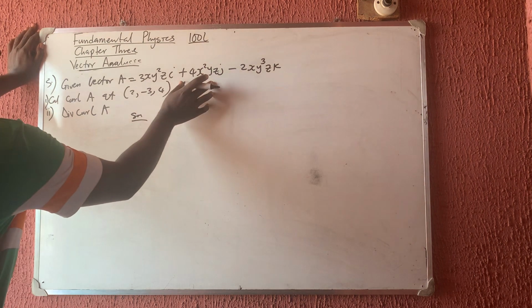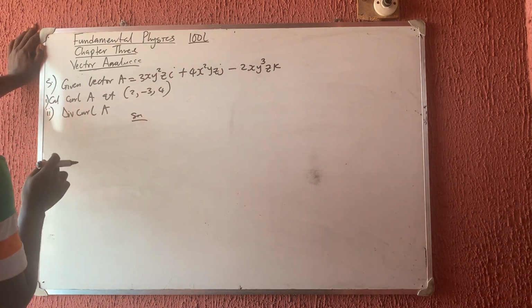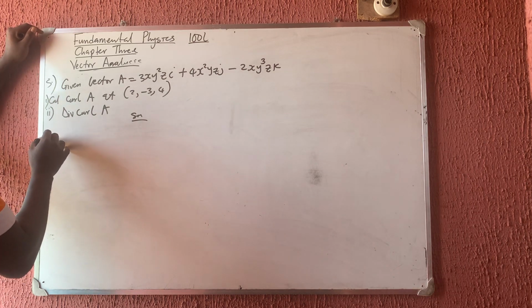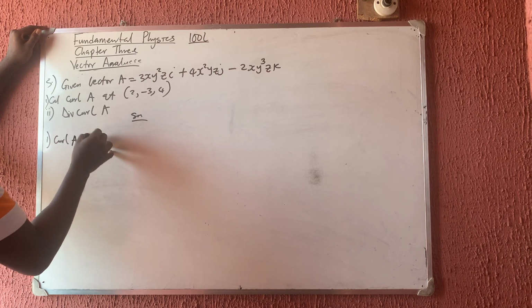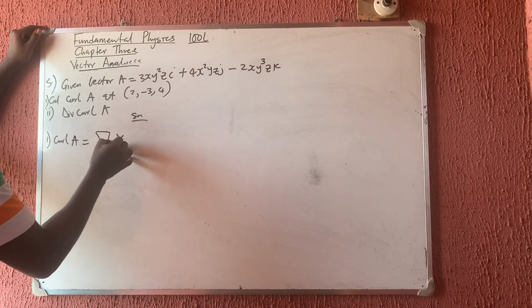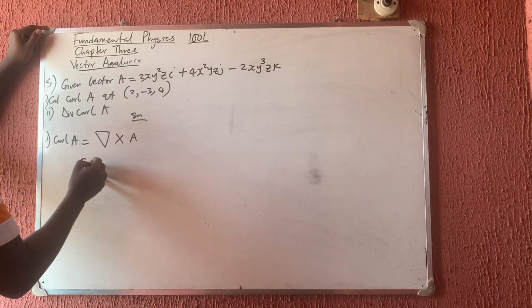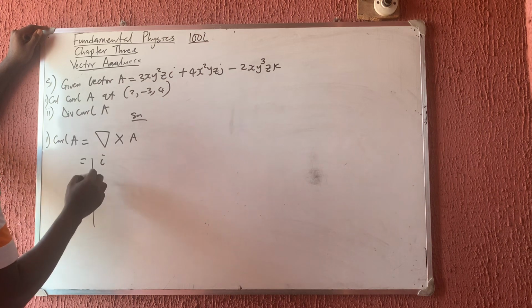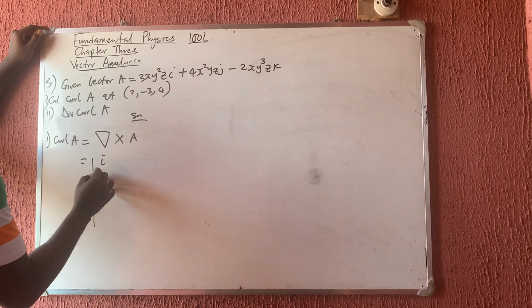But this is a vector, so let's get the curl first. Curl A. Now curl A means this thing now crossing A. All right, so which is what? Let's do that. Don't forget your i, and then under i have the first one, that is partial.